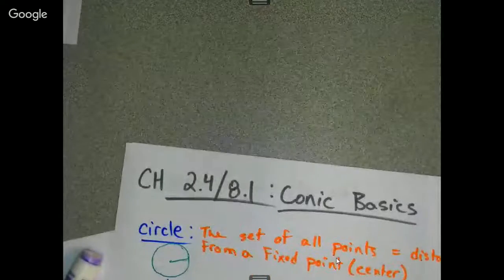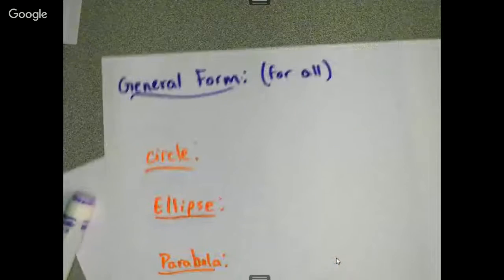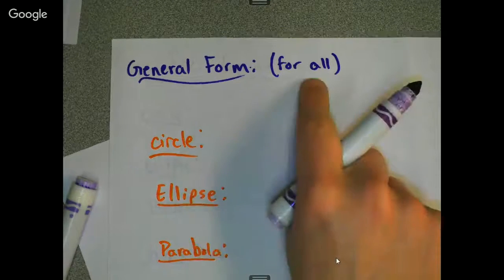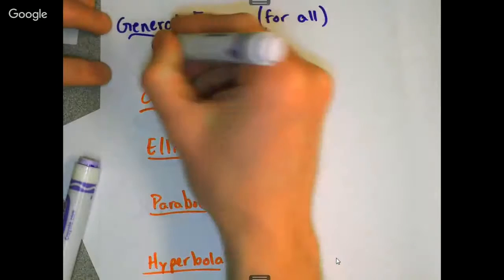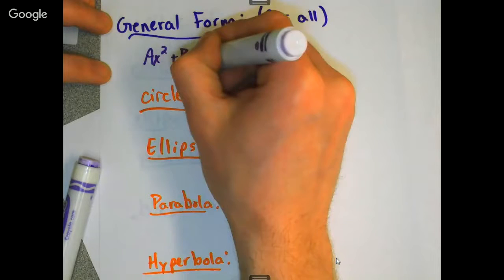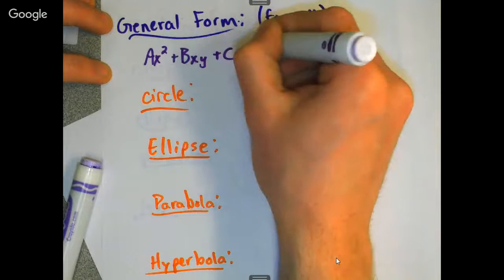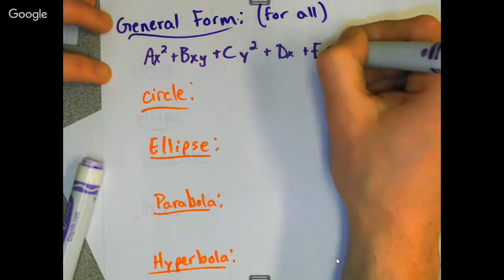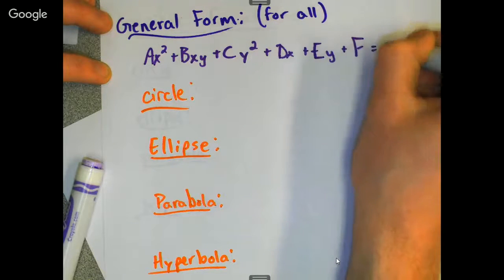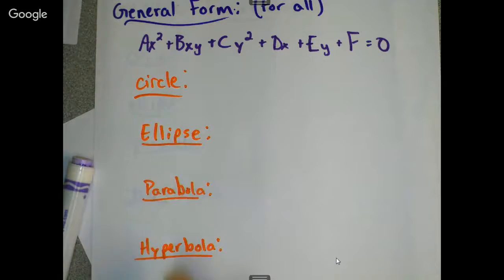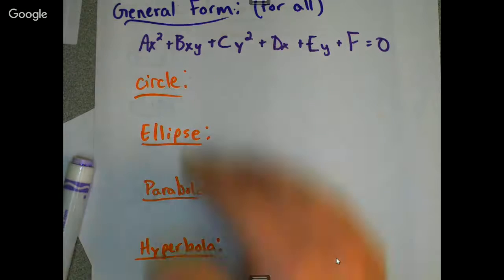So we have one very general formula that will give me all of the shapes, and the formula looks like this. Each letter means something and does something, and we'll talk specifically about each shape.